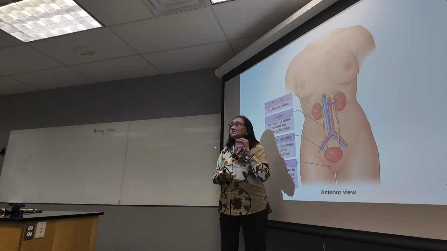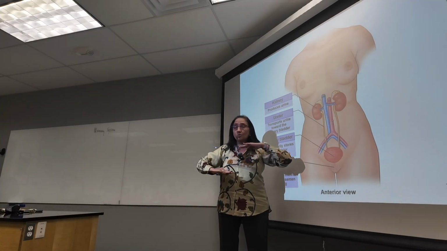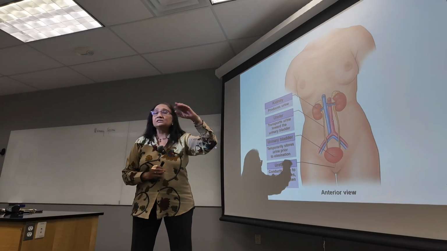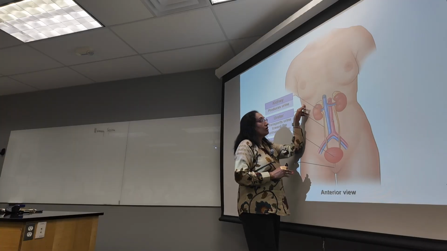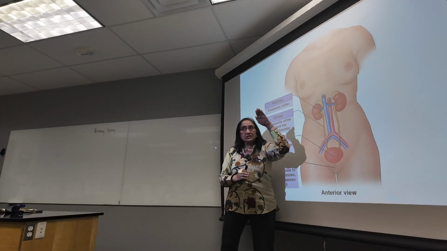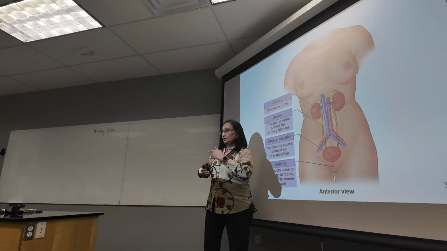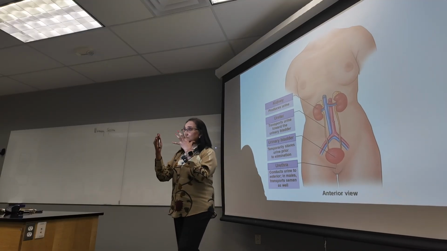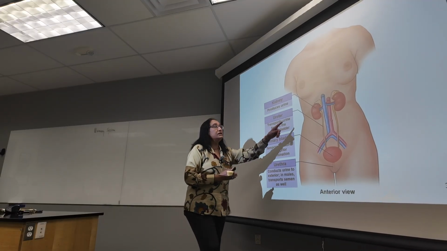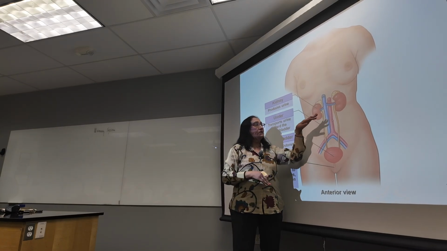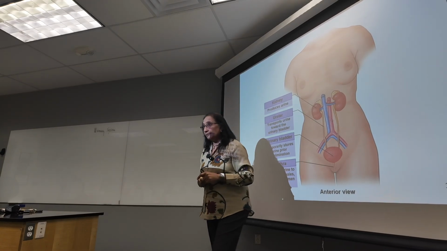And the right kidney is always a little lower than the left kidney. Okay? The reason for this is because we have a huge organ here that pushes the right kidney down, and that is the liver. So the liver is a solid, large organ in the abdominal cavity. So the right kidney is a little lower than the left kidney.